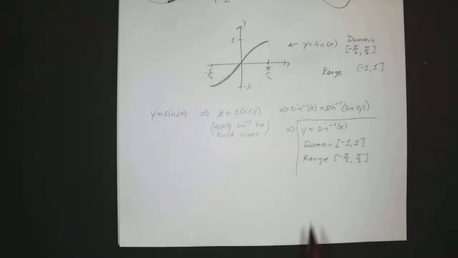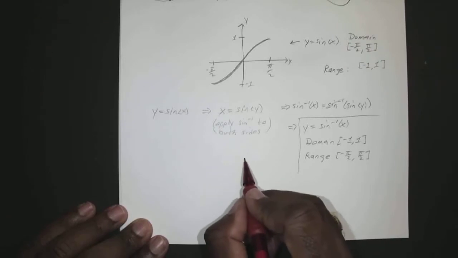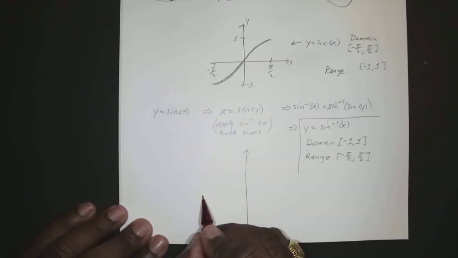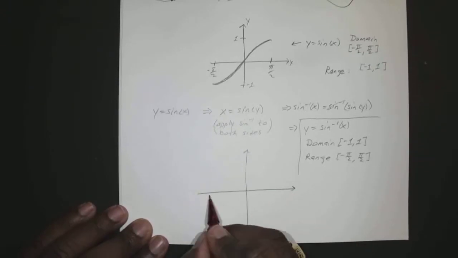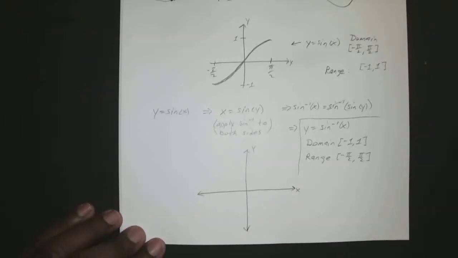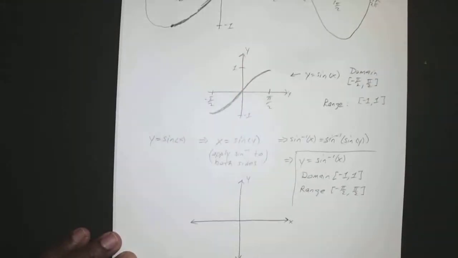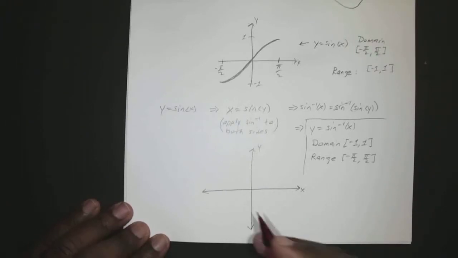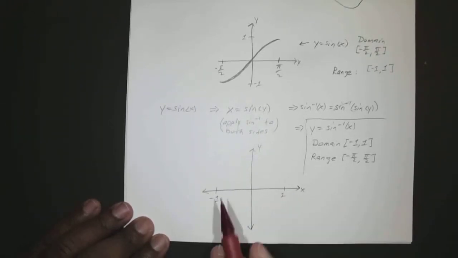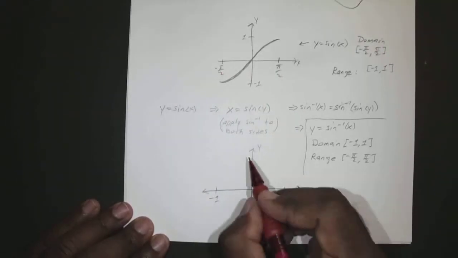Okay. So to get the graph of sine inverse, go ahead and redraw that. X and your y. Remember, we're going to change the x and y. So your x is now up here, so that goes between -1 and 1. And your y is now here, which is between negative pi over 2 and pi over 2.